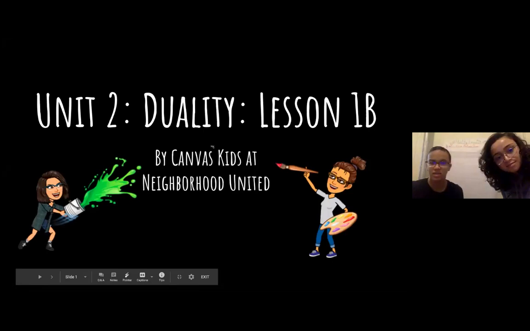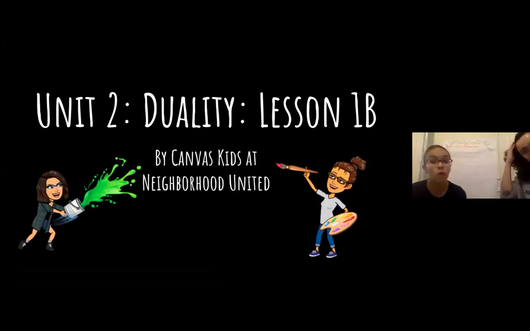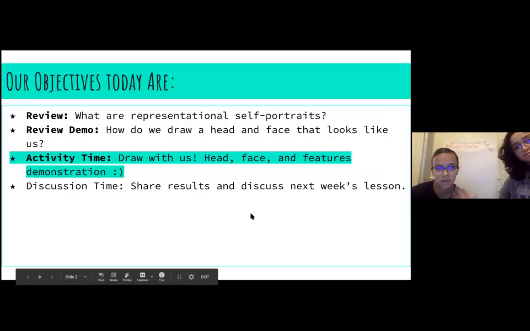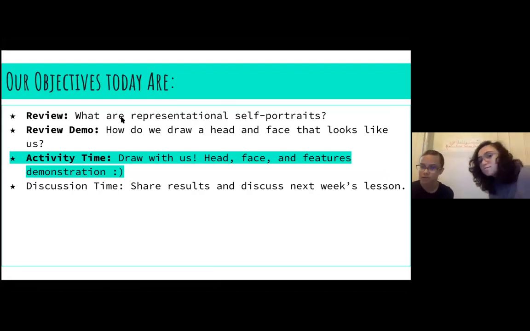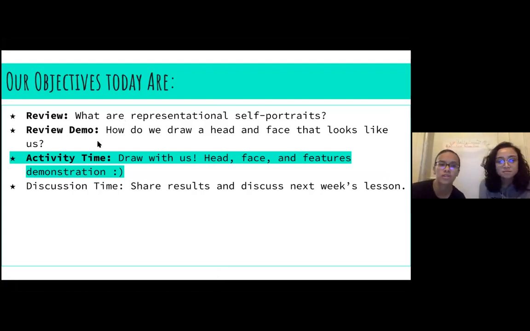All right, so this is officially lesson 1B. We had lesson 1 last week where we taught you just the basics of drawing a portrait. Today, here are our objectives. We are going to review what representational self-portraits are. Then we're going to have a demonstration: how do we draw a head and face that looks like us?